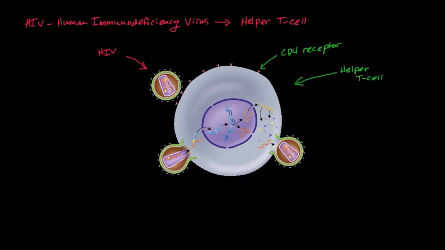So HIV will bind to the CD4 receptor. Within HIV, you have these little squiggly lines, this is viral RNA. HIV is what we call a retrovirus, because it uses RNA as its genetic material as opposed to DNA.